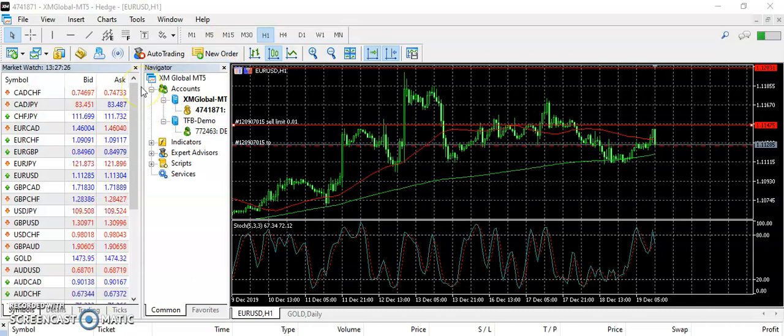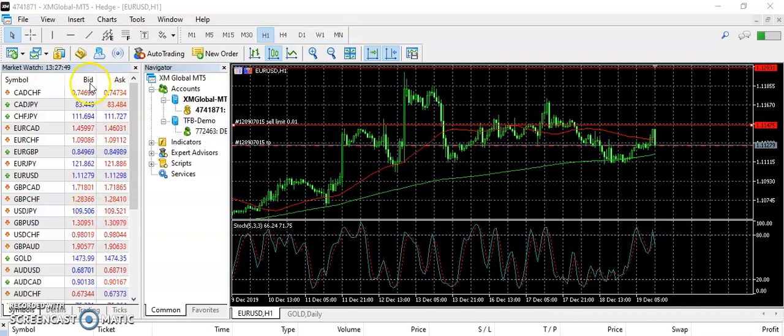So pay attention to the different tools and their uses. On the left hand side of the screen, you can actually see some symbols that are known as pairs. You see the numbers going up and down, that's the change in price.